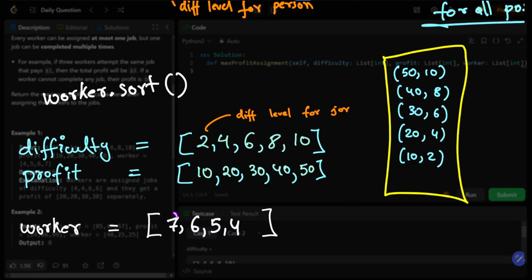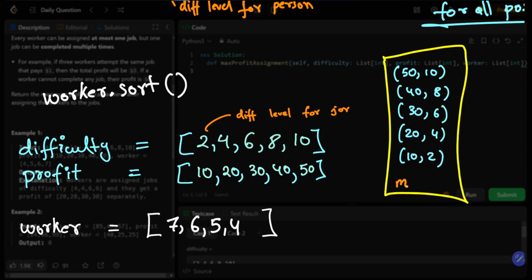If this person cannot do this job, I can remove this job, because they cannot do it by any chance. If this person doesn't have the capacity, the others won't have the capacity either, because I have sorted this in descending order. Similarly, I'm using a max heap over here.